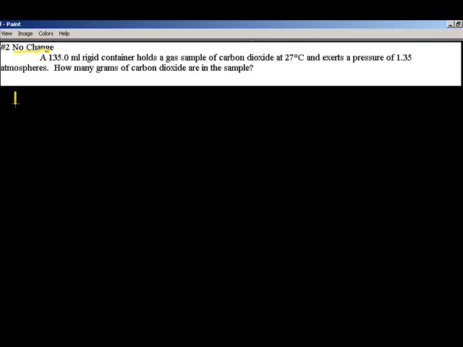And when you have a no change situation on the container, then the ideal gas law, PV equals nRT, that rule is going to apply. And we begin by listing once again the values for the variables.